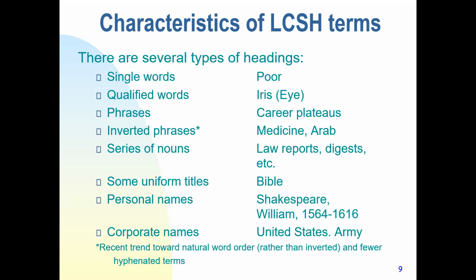Then there are series of nouns like law, reports, digests, etc. There are some uniform titles like the Bible in LCSH. Then there are personal names and corporate names. Keep in mind that we can use uniform titles or personal names or corporate names, any of those, as subjects of our work.